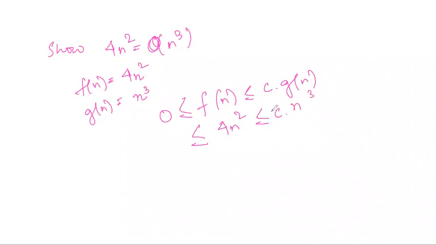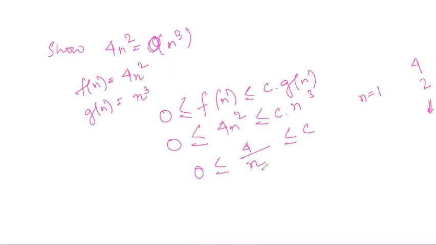So my motto will be to find the value of C. So I will take n cube over here, and this will be my value of C, right? Now I need to find when this will have its maximum value. If I start with n equal to 1, and if I do n equal to 2, this will be smaller. If I do n equal to 3, it will lower further, right?